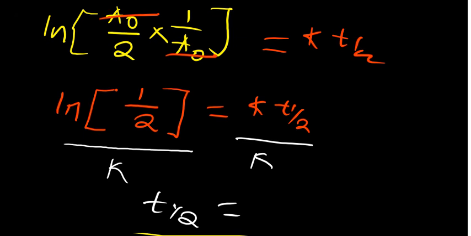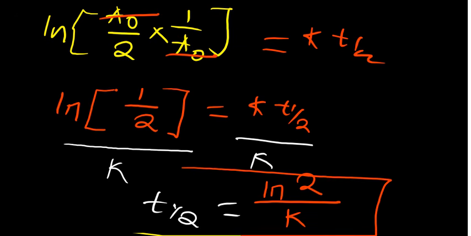So that is going to give us something like this. So we can express it to be natural log of 2 over k as our formula for the first order reaction in terms of the half-life. Okay? That's the way you give the half-life of the first order reaction.